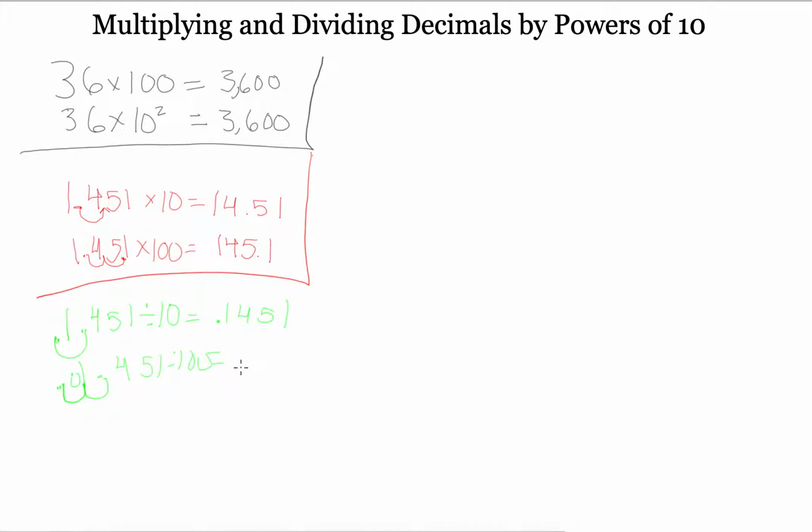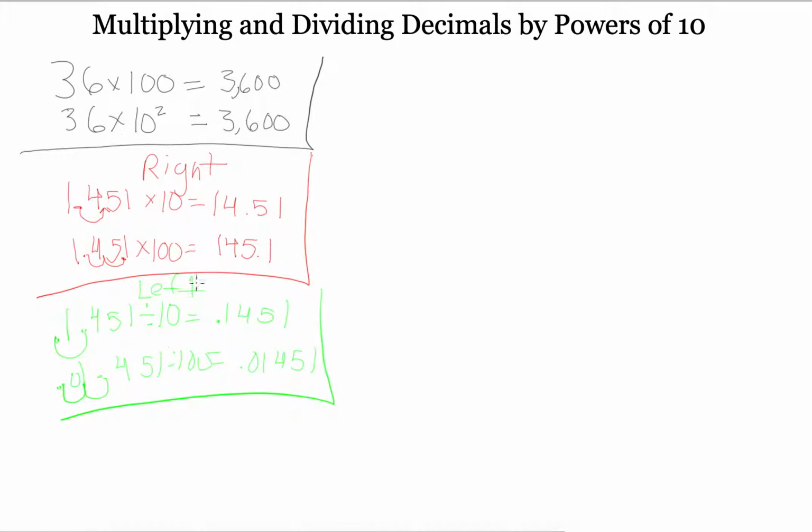So the answer would be 0.01451. So we know that when we're multiplying, we move decimals to the right because it's getting bigger. And when we divide, we're moving our decimal point to the left because the number is getting smaller.